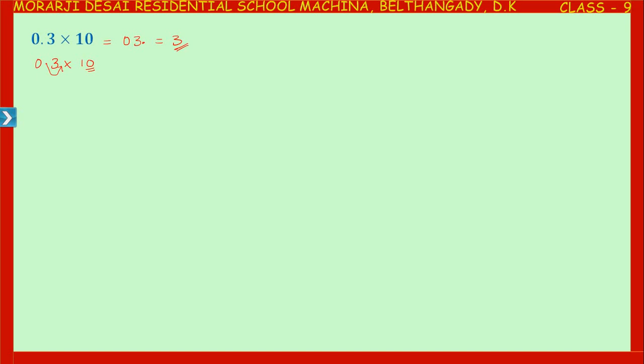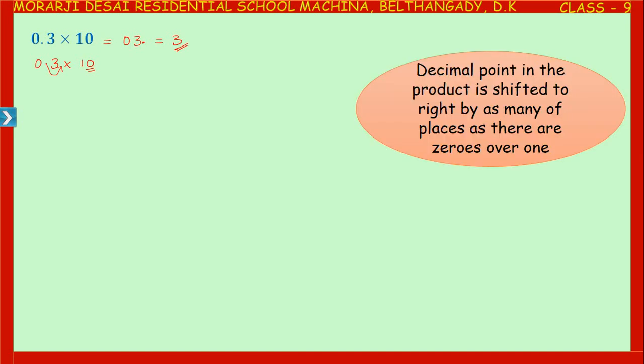If I move the point one step forward, that becomes 3. If the point is after the whole number, that is, no digits after the decimal point, then no need of putting the point. There is only one whole part. So 0.3 into 10 is 3.